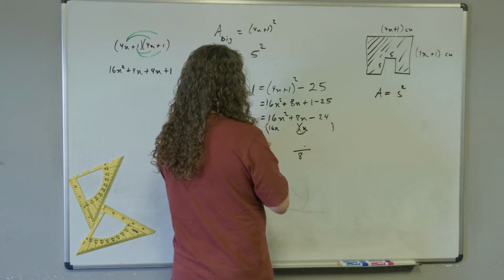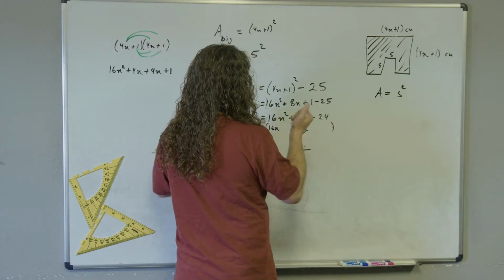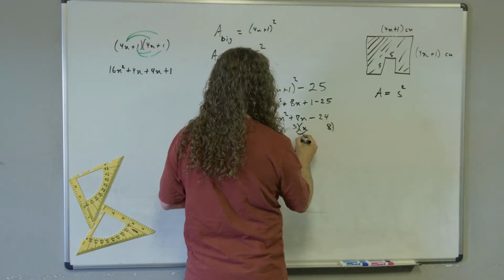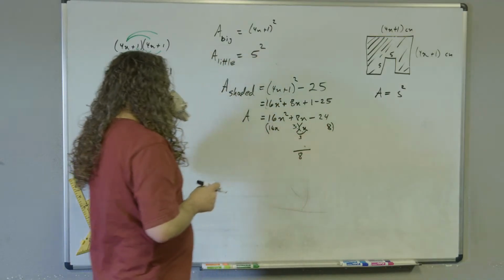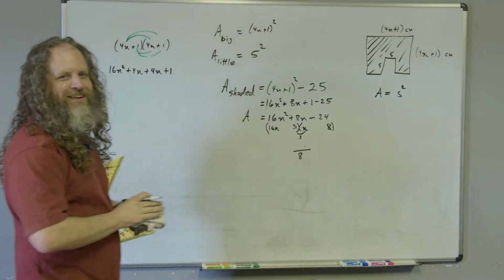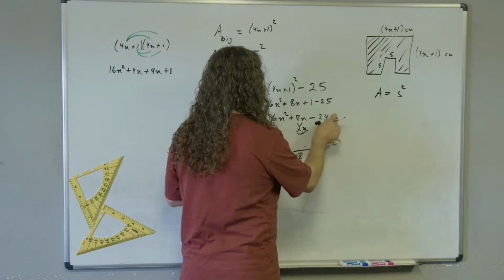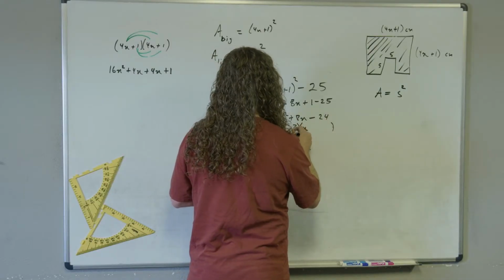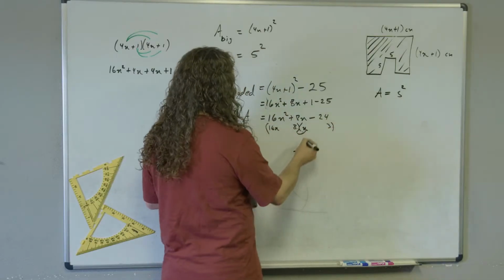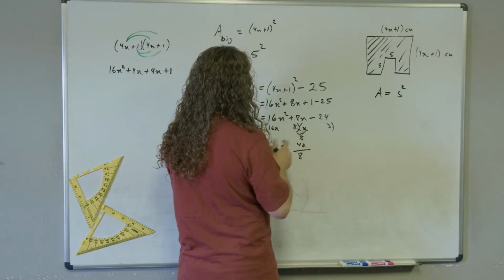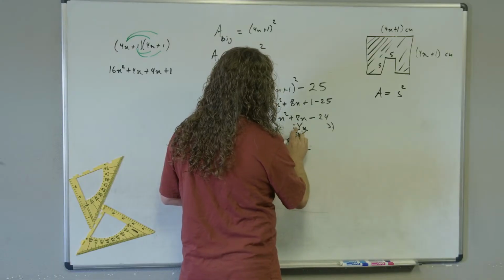So 3 and 8. 3 times 1 is 3. 16 times 8 is a whole heap. It's not going to work. Switch it. Sure. 8 and 3. Oh, no, it's not gonna work now. 8 times 1 is 8, and 3 times 16 is 48. That's not, no. Good try, team.